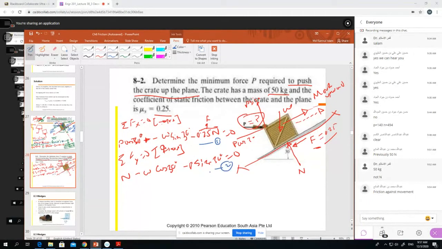Assume this is equation number 1 and equation number 2. Then what is the P value and what is the N value? Tell me please.